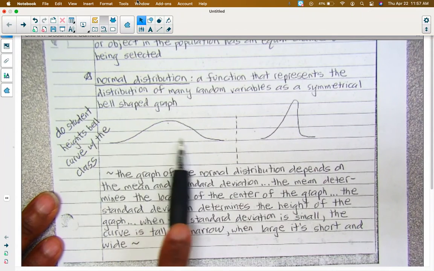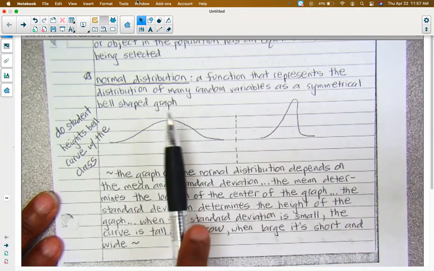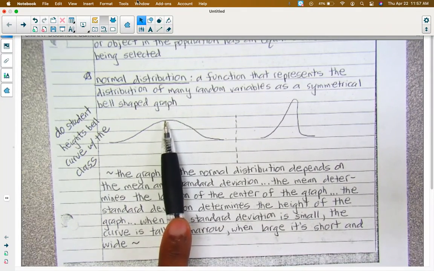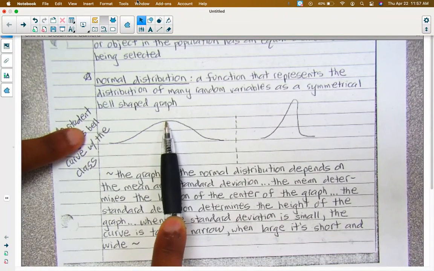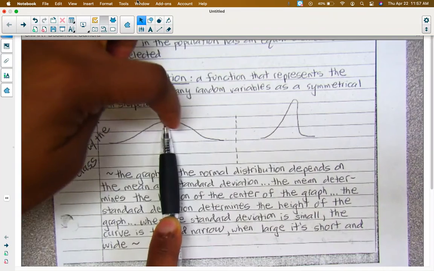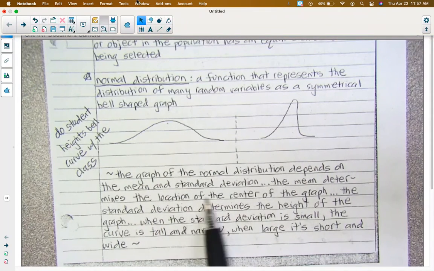Whether your bell shape is a little wider like this or a little skinnier like here, the mean will always be in the middle. Wherever your mean is, 50% of the data is less than the mean, and 50% of the data is greater than the mean. The mean determines the location of the center of the graph. The mean goes in the center.